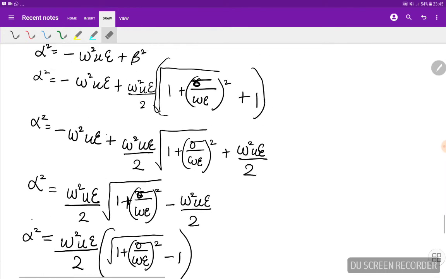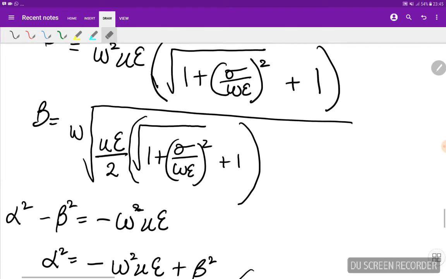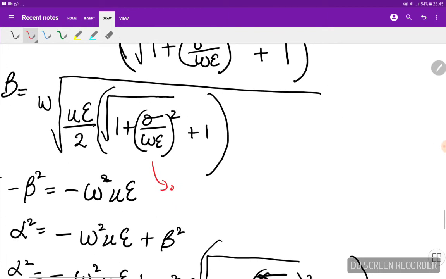And for your β, for free space, conductivity being 0, you'd have square root of 1 plus 1, and that's going to be 2. 2 cancels the 2 down here, and you have ω square root of με.